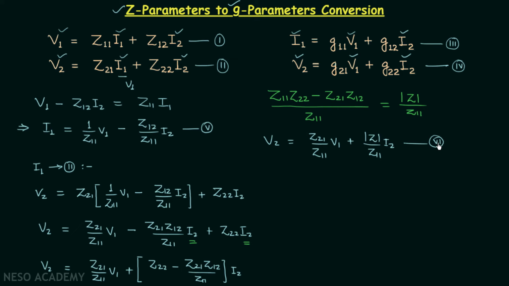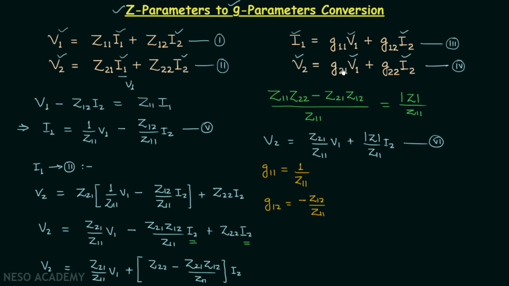Now compare equation number 3 with equation number 5 and you will find G11 is equal to 1 over Z11, and parameter G12 will be equal to negative of Z12 divided by Z11. Now compare the fourth equation with the sixth equation.